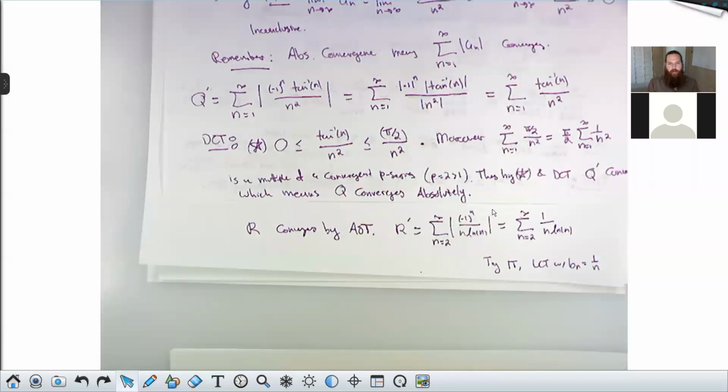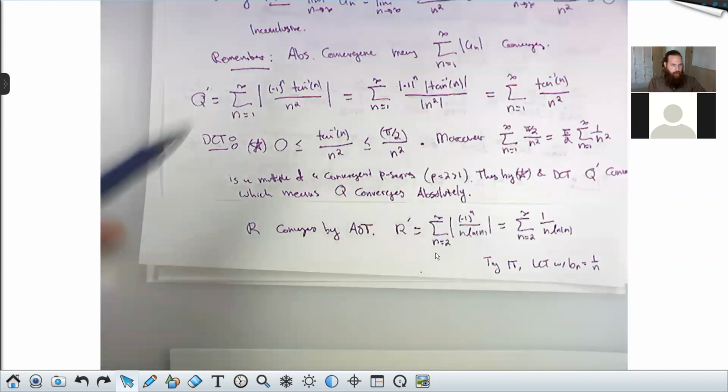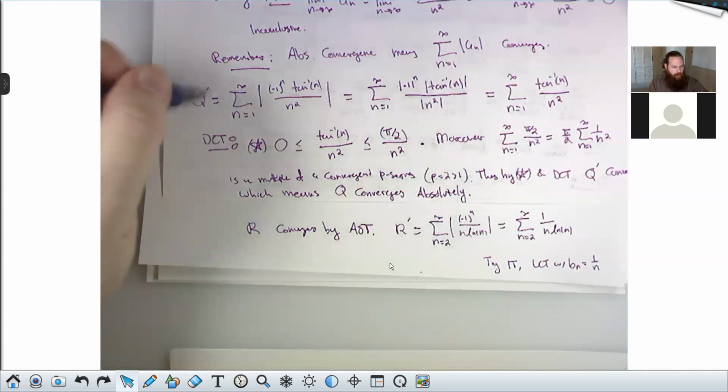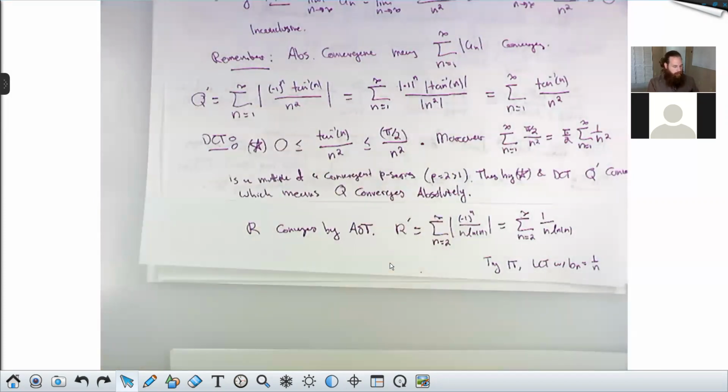It's not the same as the original, so I can't call it R, but it's definitely closely related to R, so I just had to pick a notation, and that was what I chose. Calling it absolute value of R would be wrong, because that would mean absolute value is on the outside of the series, not on the inside. It's tough to pick a notation for that. But because I called the previous one Q prime when I swapped in the absolute value, I chose to call this R prime. It doesn't matter. You could eschew the labeling altogether if you wanted.